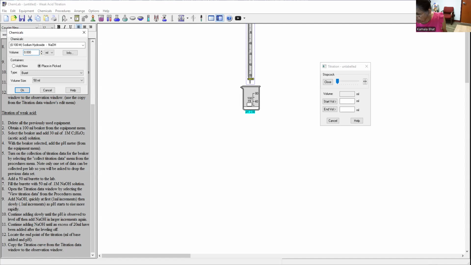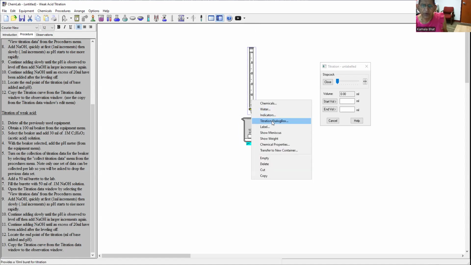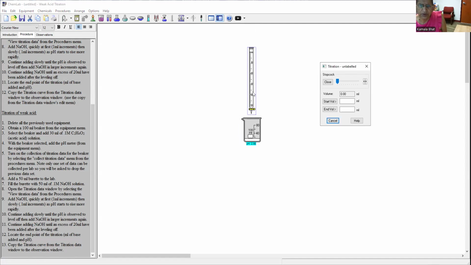Fill up the burette and say okay. And then I'm just going to lower it so that you can see. And then I'm going to open the titration dialog box.